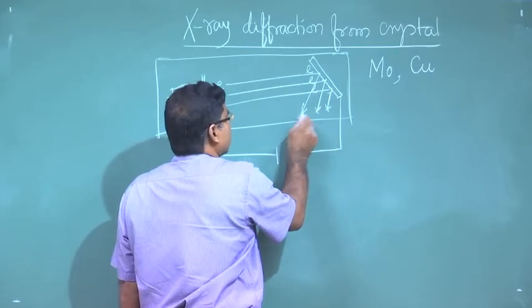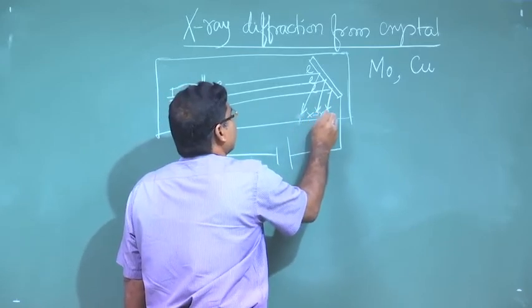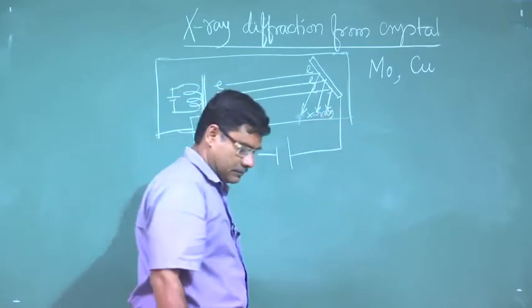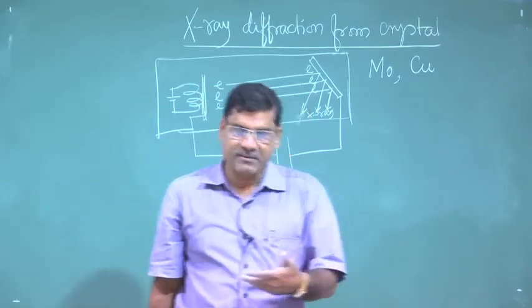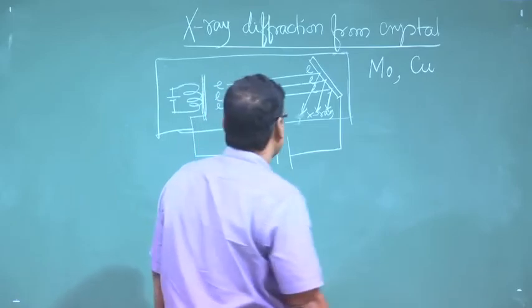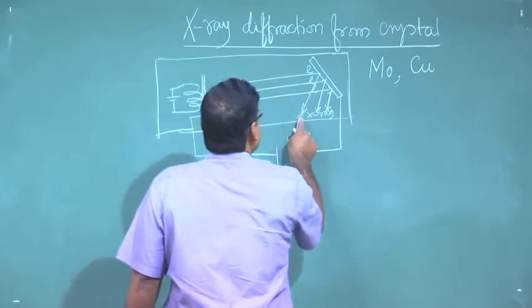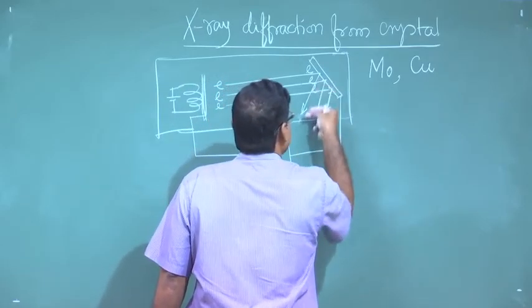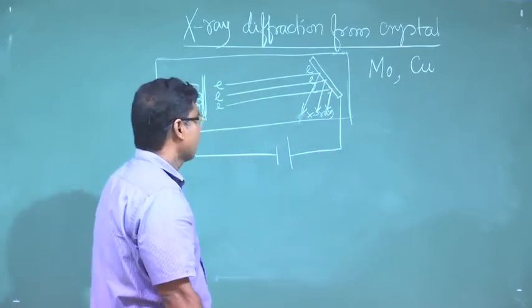So, that is what we are calling X-ray. Because its wavelength generally becomes very small, it cannot be in the range of visible light. So, this X-ray is coming out, this electromagnetic radiation is coming out, okay.